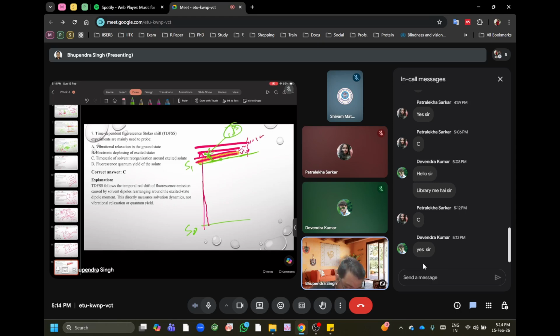Then this molecule, let's say I'm explaining, let's say this is a molecule, plus plus minus minus, here also plus plus minus minus. But when you have excited this molecule from here to here, what will happen? Let's say this mu e is greater than mu g, so this will be plus plus minus minus.